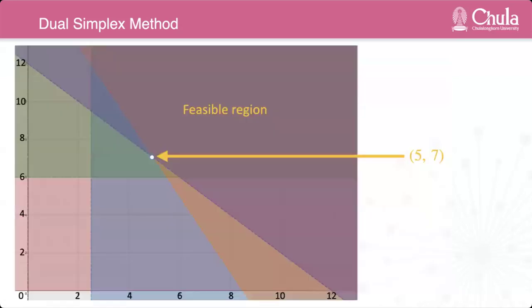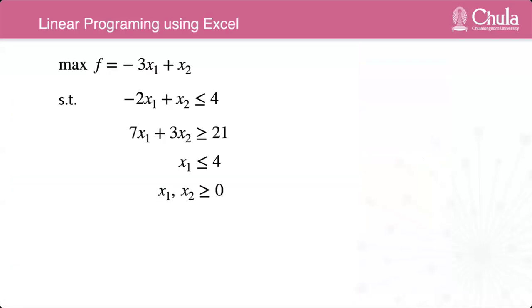Okay. So it is done, linear programming using Excel. I believe that everyone can do it now, right? Because previously I showed you some examples using Excel to solve it.